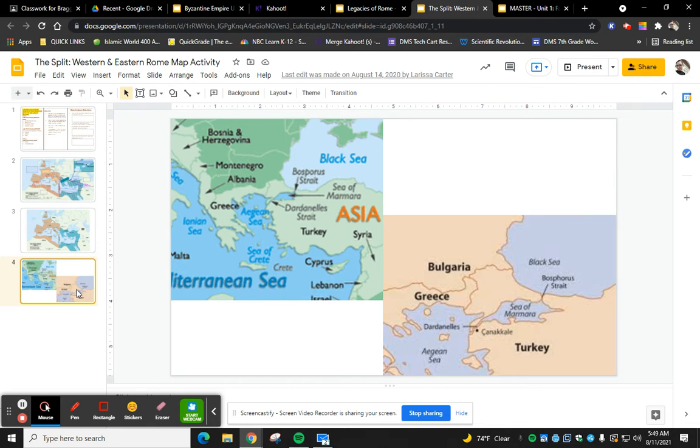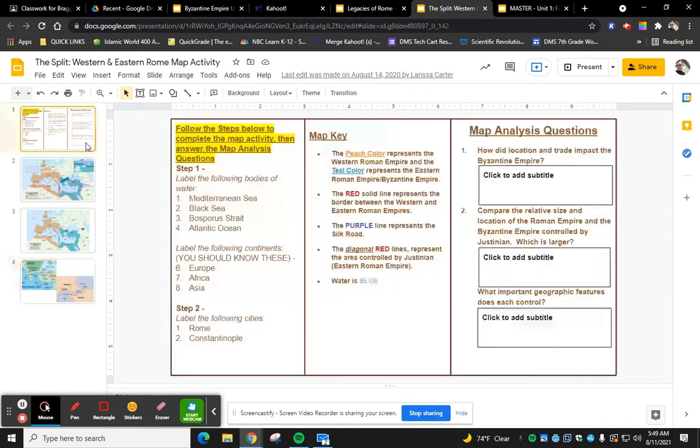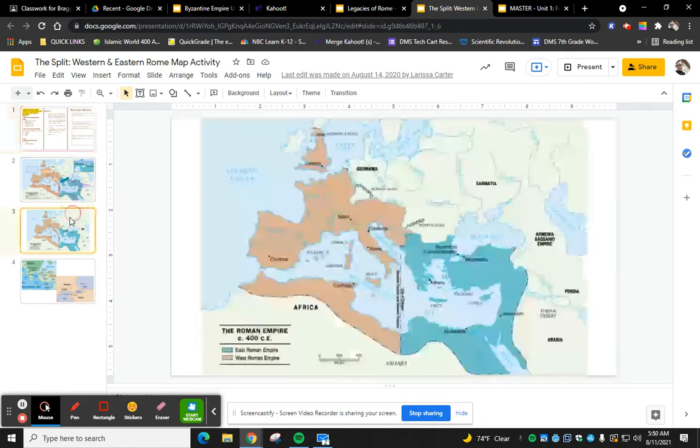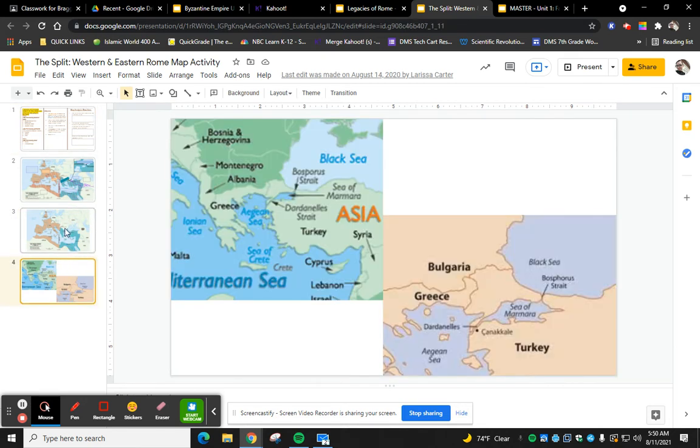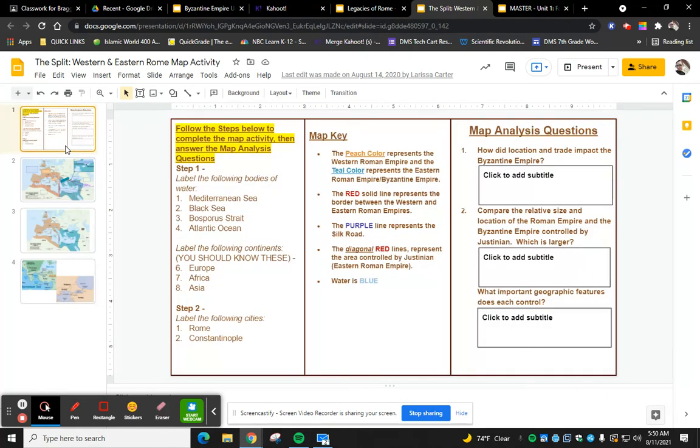Miss Martha should be able to help you either by leaving up slide 1 so you can constantly see what you need to label, or by leaving up slides 3 and 4, switching between the two so that you have a map key and your reference maps. I would recommend leaving up slide 1 on the projector screen. That way you don't have to keep flipping back and forth until it gets time to the questions.